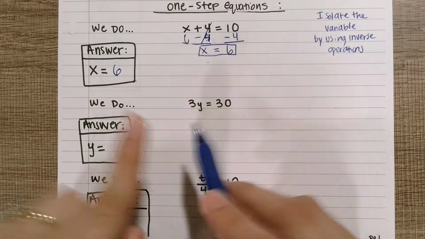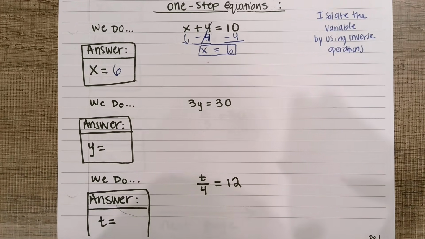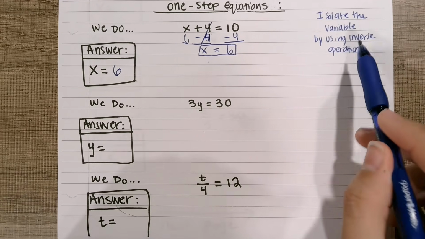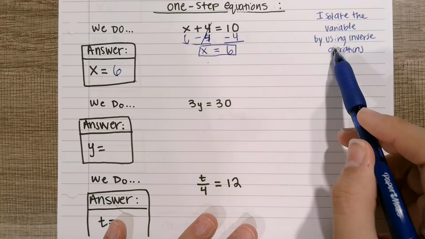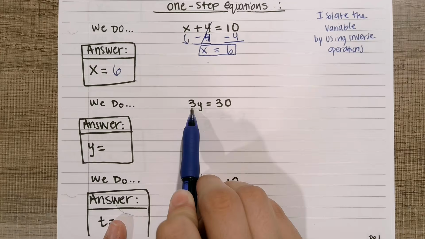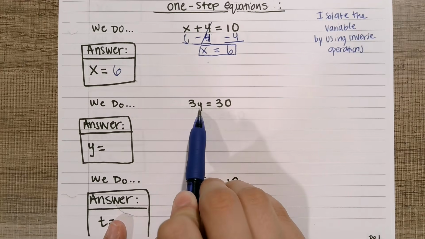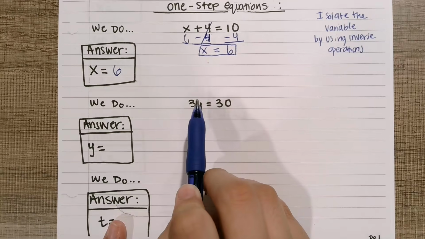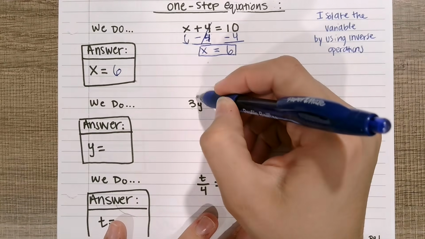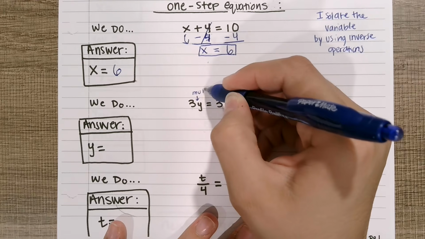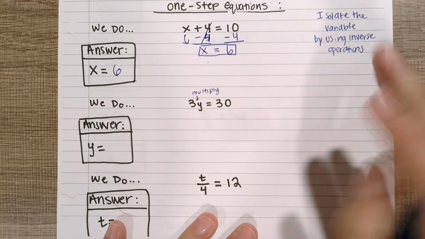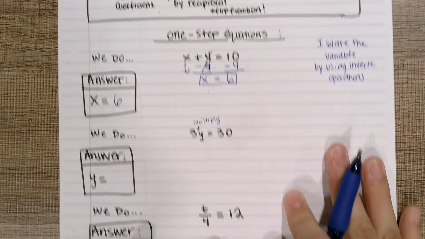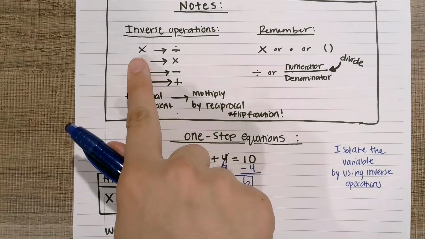Okay, let's continue with 3y equals 30. Again, we need to isolate the variable by using inverse operations. When we have a number next to a variable, I don't see any operation here. I don't see add, subtract, multiply, divide. When a number is next to a variable, it means multiply. And we need to do inverse operations to get y by itself. The inverse of multiply is divide.